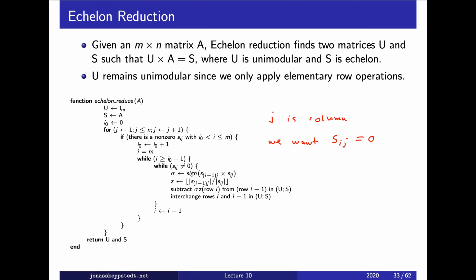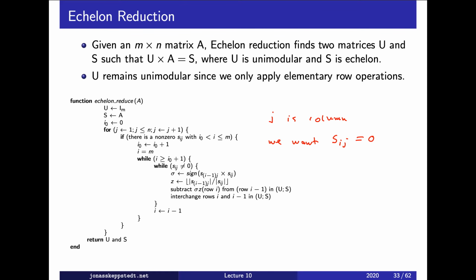We have this algorithm, and it takes a matrix A, which doesn't have to be square. It has m rows and n columns, and what we will find are two matrices, one U, which is unimodular, and another S, which is an echelon matrix.